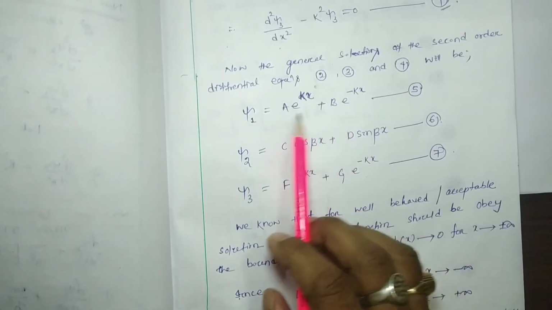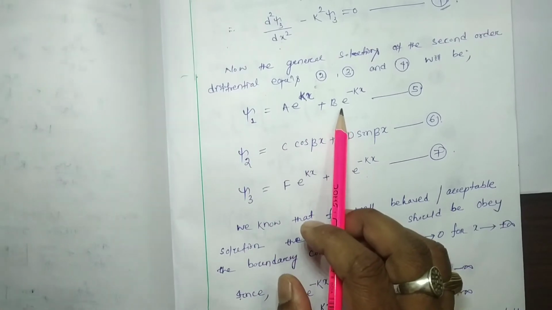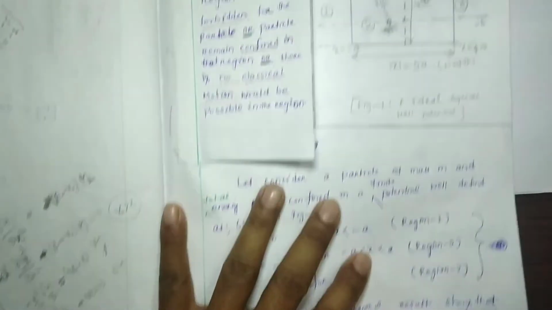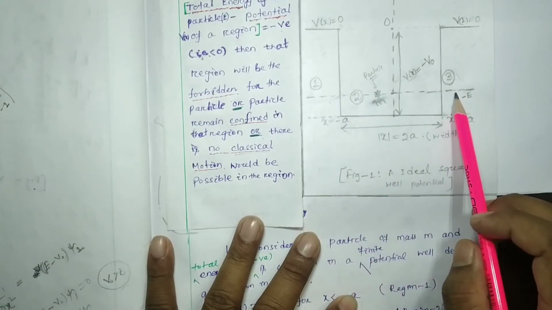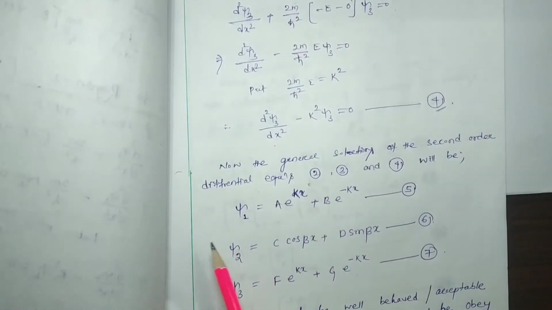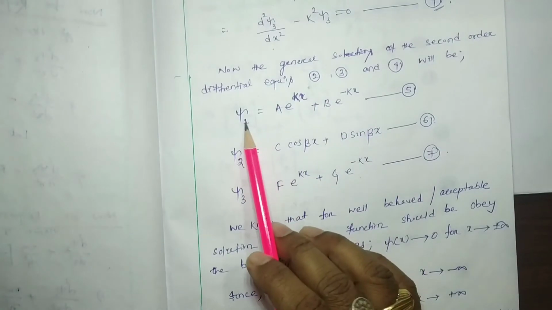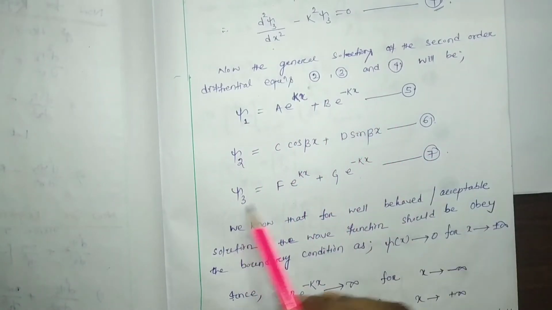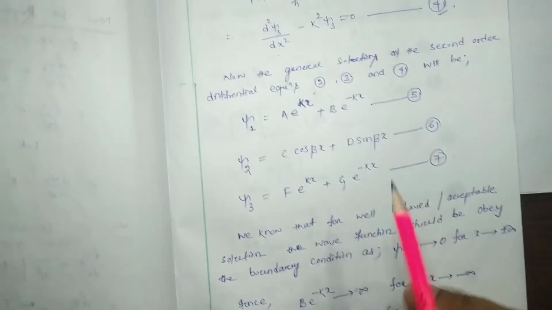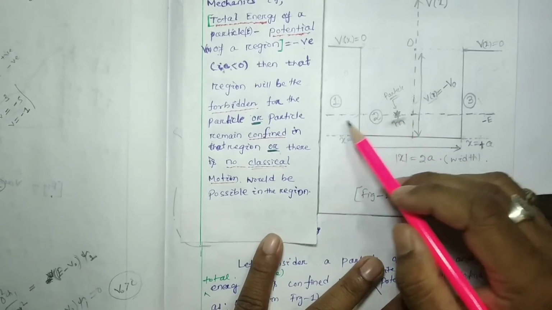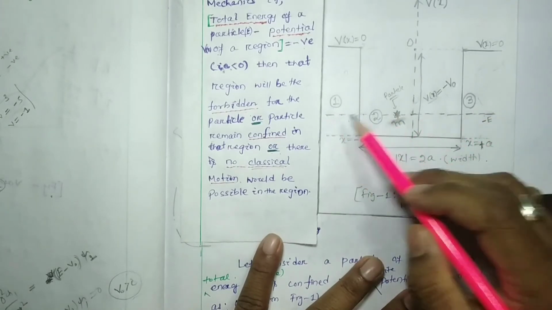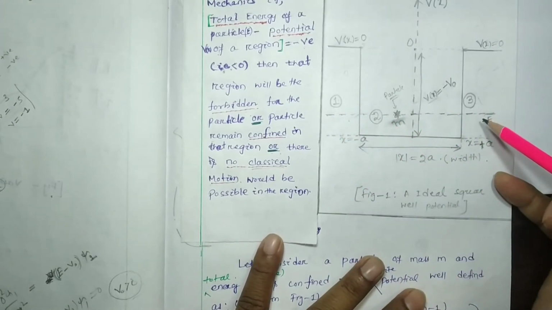The wave function is not zero here, which means the existence of the particle in regions 1 and 3 can be expected, because the wave function we found is finite. The wave function psi 1 is there, and psi 3 also exists. So the particle can penetrate into the classically forbidden regions 1 and 3. Okay, so this is interesting.